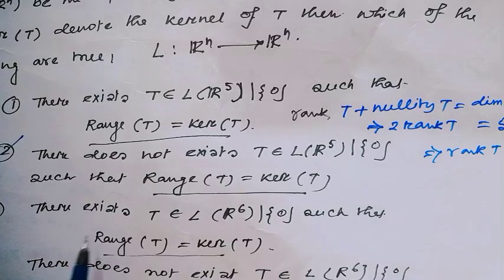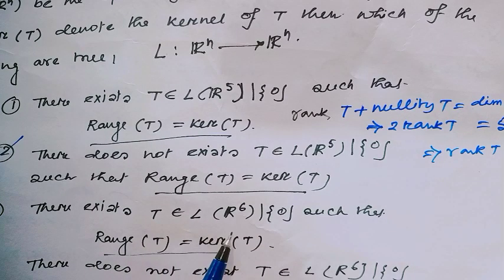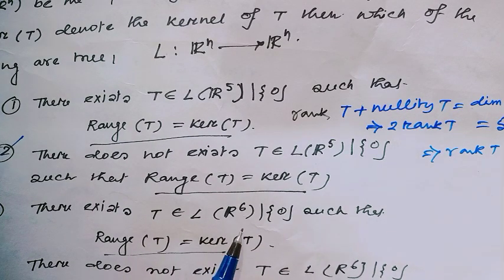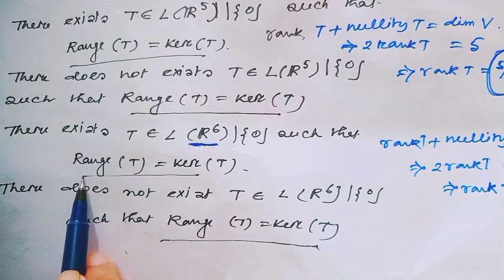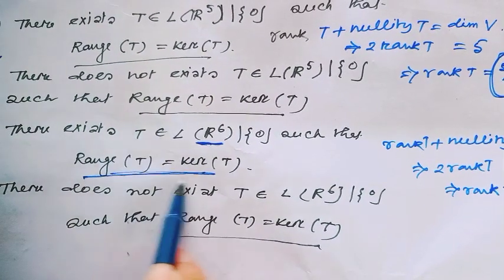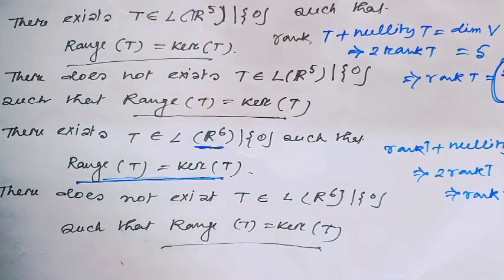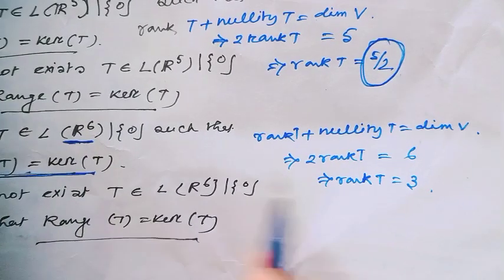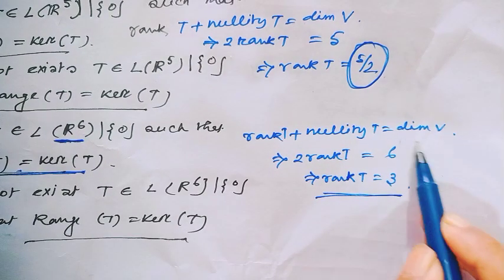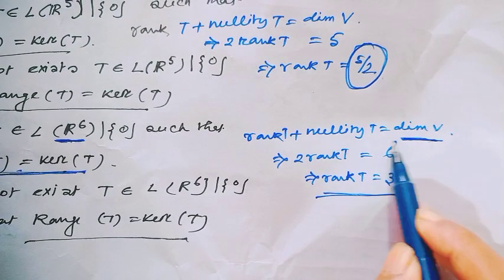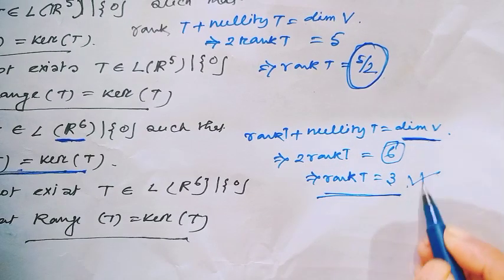And option 3: there exists T belonging to L(R6), the dimension is 6, and here rank T equals nullity T. By this expression, rank T equals 3 since the dimension of V is 6. Obviously this is possible.